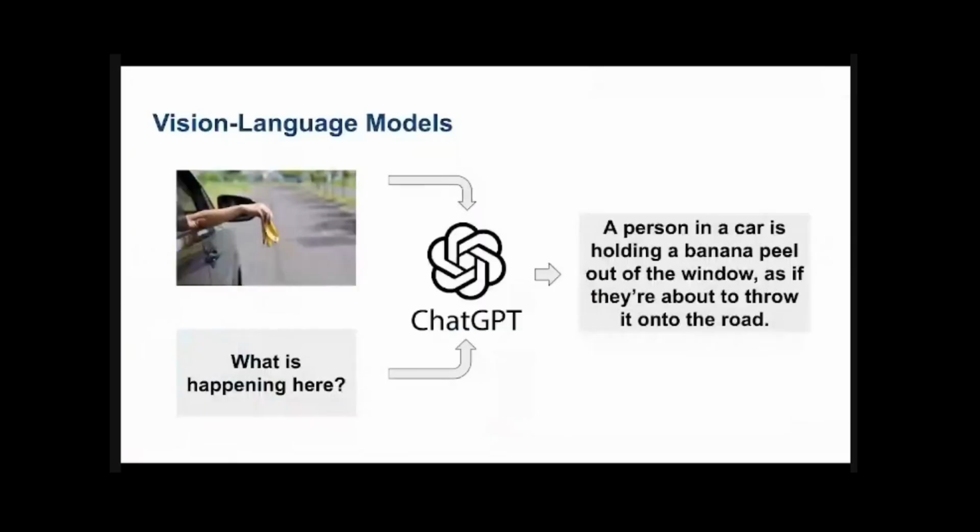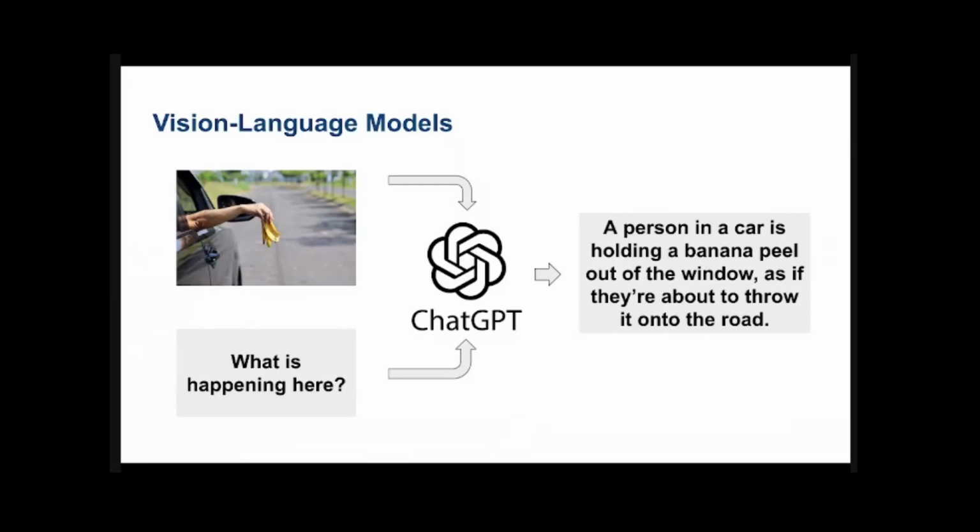I feel that the term is underused, especially in AI safety, but almost all of the frontier models we interact with nowadays actually do have the capacity to process both vision and language.